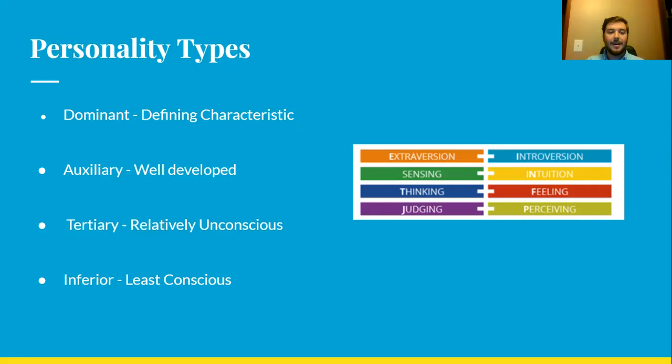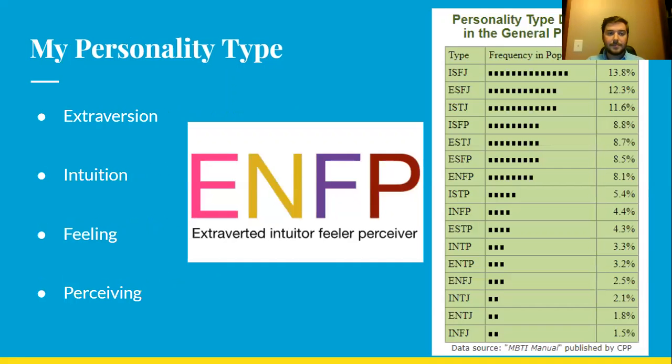The tertiary and the inferior are a little bit below the dominant and auxiliary functions, but they're still a part of you, and still the way your personality processes things. Your tertiary is relatively unconscious, and finally, your inferior is your least conscious, the bottom of the totem pole as far as your personality traits and how much consciousness goes into using them.